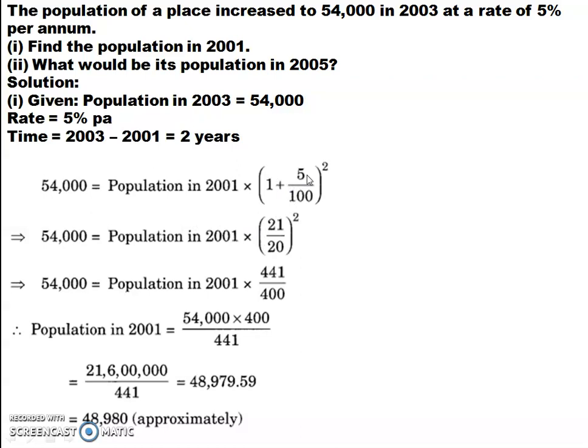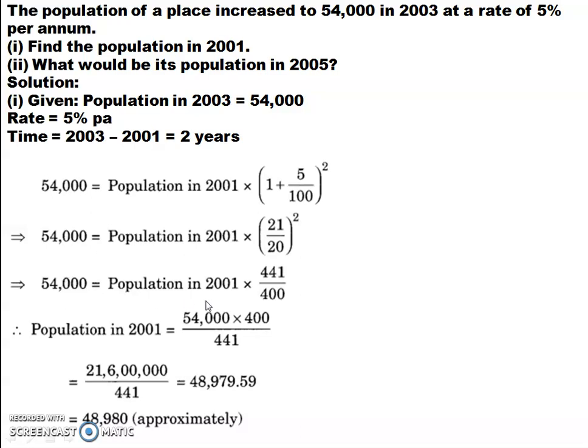1 plus 5 by 100. I can cancel 5 by 100 using 5. So you will get 1 by 20. So 5 by 100 can be reduced to 1 by 20. So 1 plus 1 by 20 is 21 by 20.